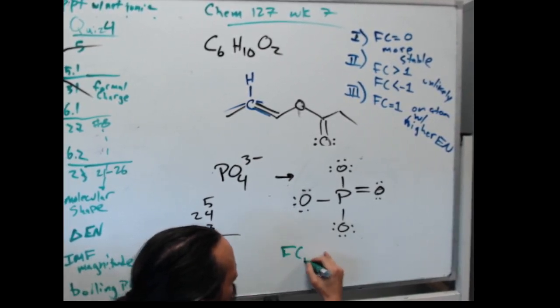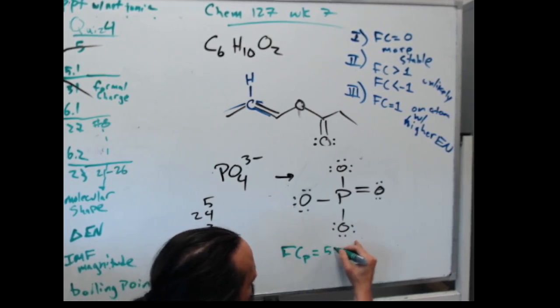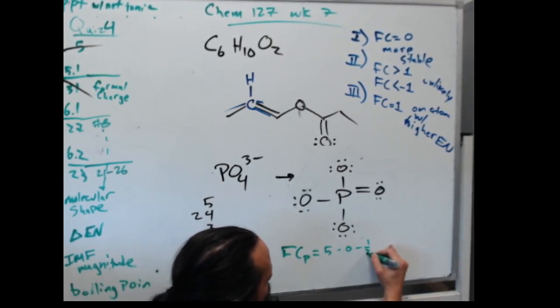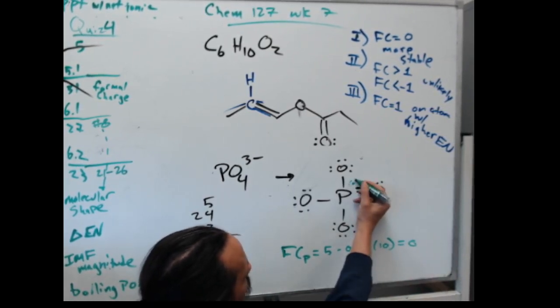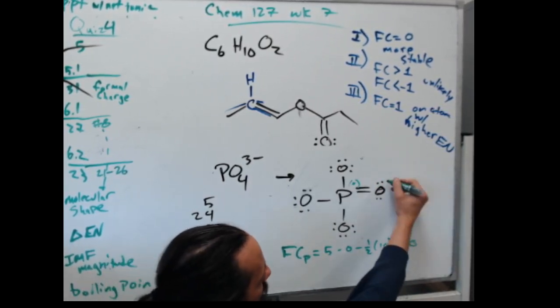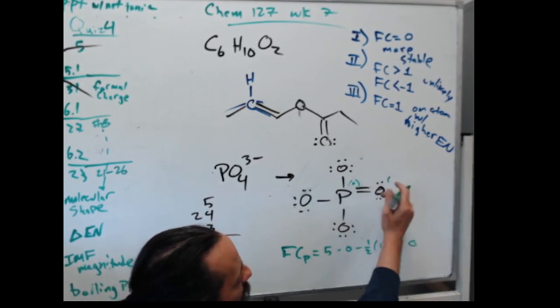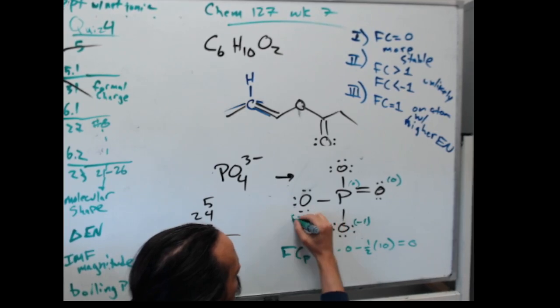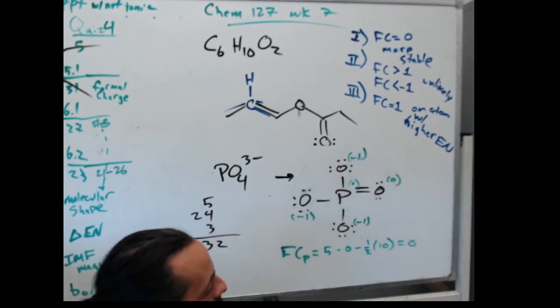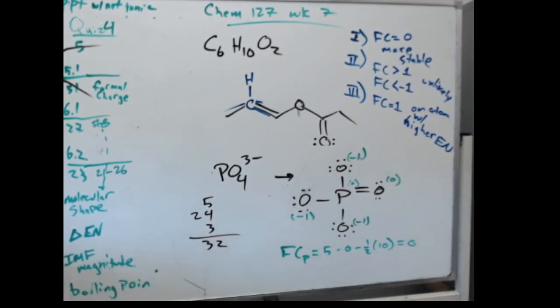My formal charge on phosphorus now is going to be 5 minus 0 minus a half of 10. That's going to be equal to 0, so my phosphorus ends up with a formal charge of 0. This oxygen with 2 bonds and 2 lone pairs ends up with a formal charge of 0, and the others are -1, -1, -1. That's going to be more stable.